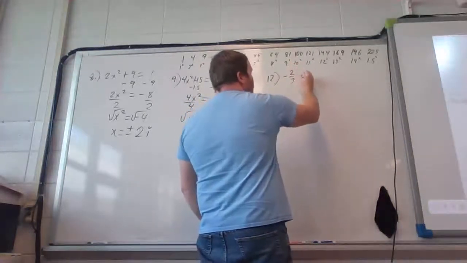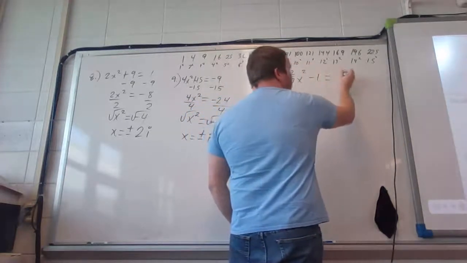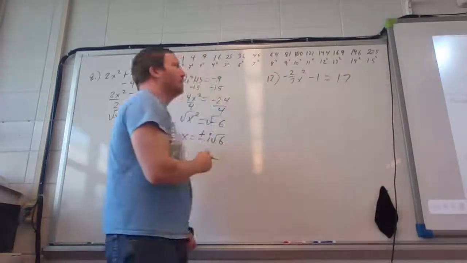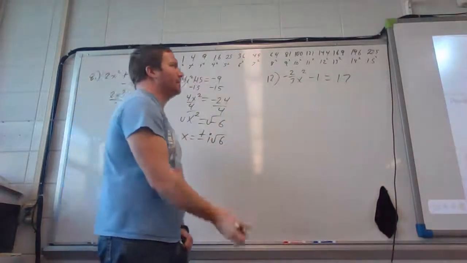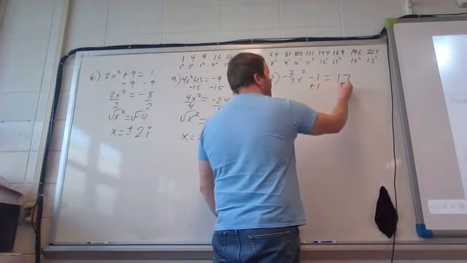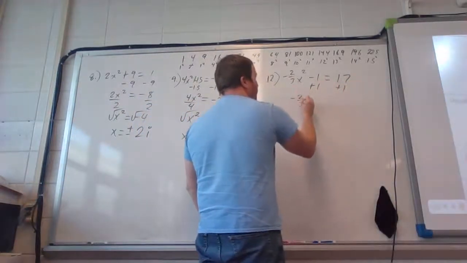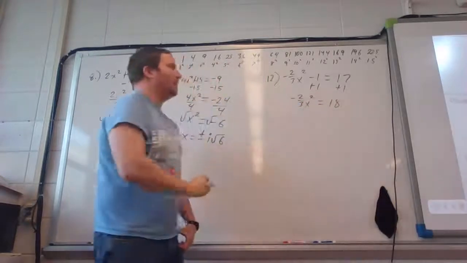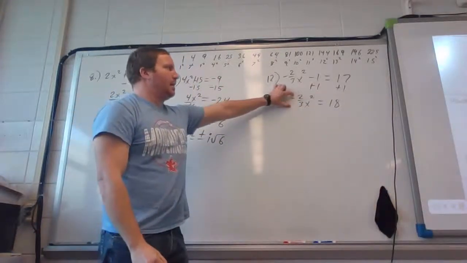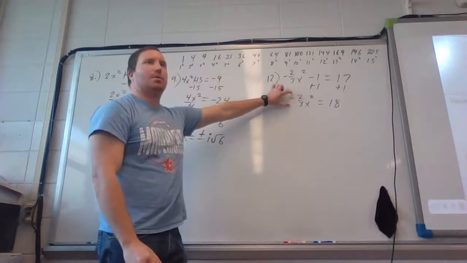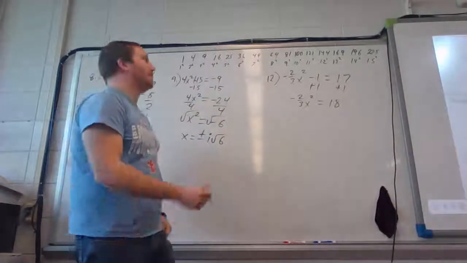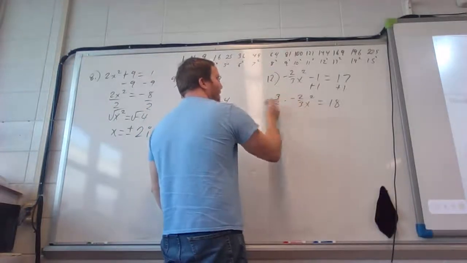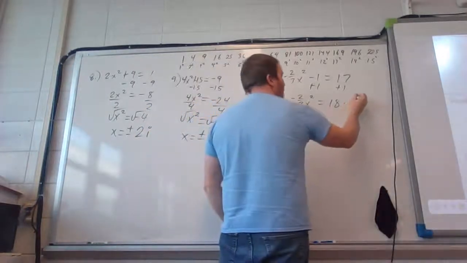Okay, we get negative 2/3 x squared minus 1 equals 17. So first thing, add 1. Equals 18. To get rid of our negative 2/3, what do we have to do? Multiply by the reciprocal, so we're going to multiply by negative 3 halves on both sides.